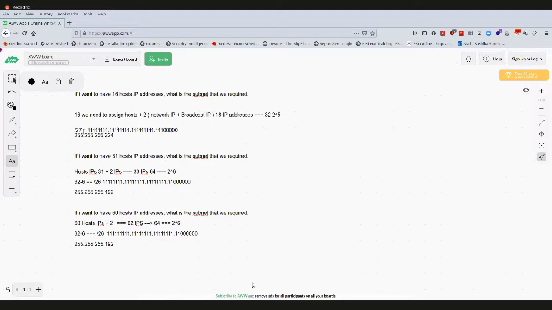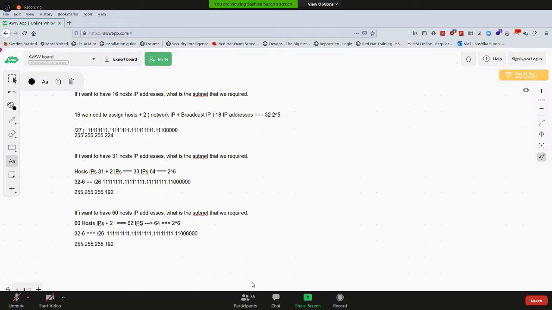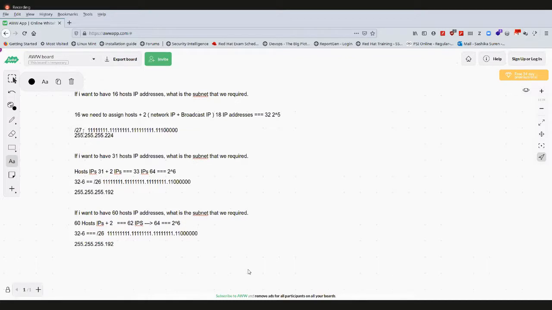The second thing is DHCP, Dynamic Host Configuration Protocol, which is heavily used in an environment where we have a number of hosts.